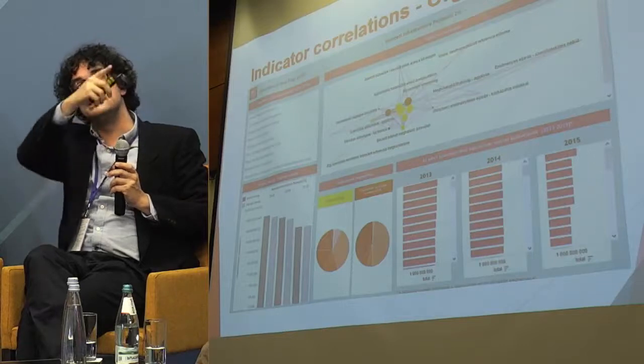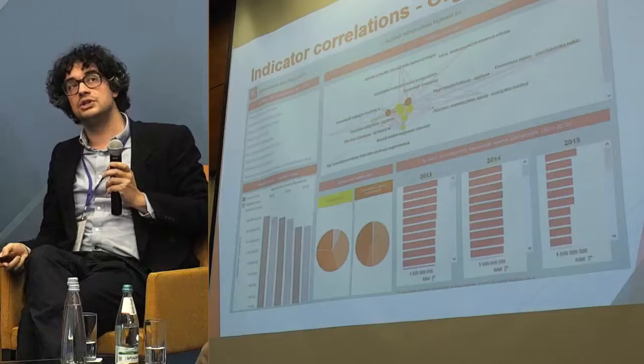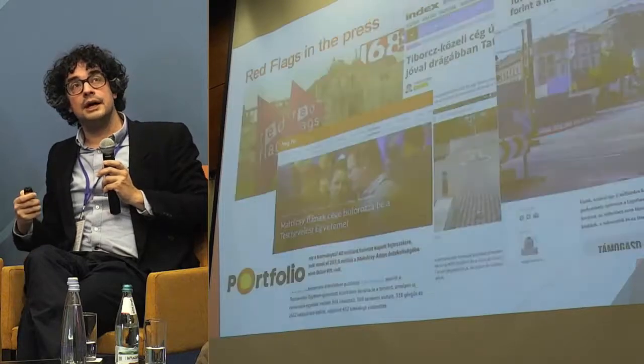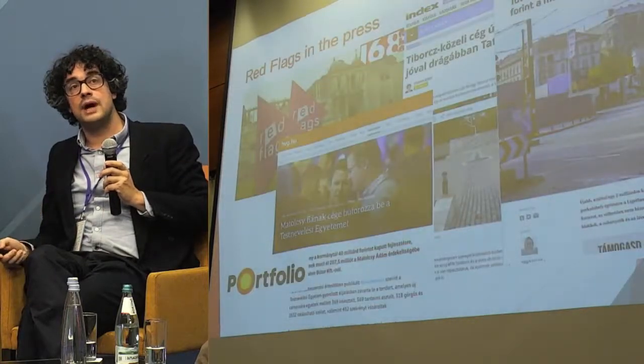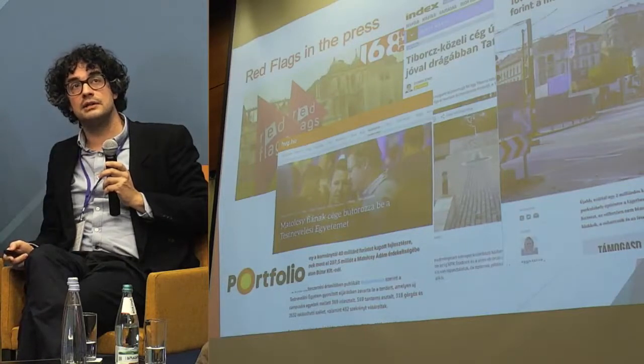And we could clearly see, you see it in the size of the bubbles, that there are patterns in which certain companies manipulate tenders regularly. And this tool is quite widely used by the press. So these are some screenshots from online articles that are based on this tool.